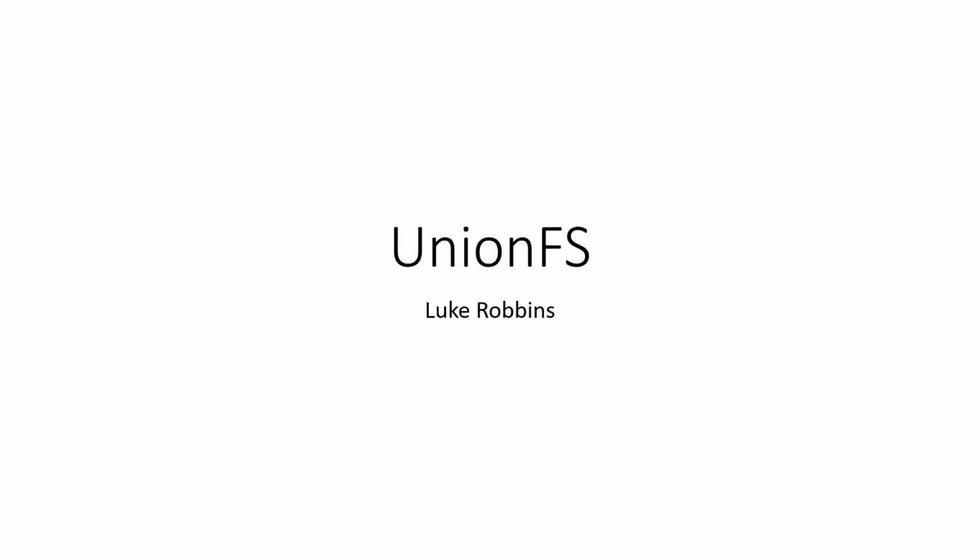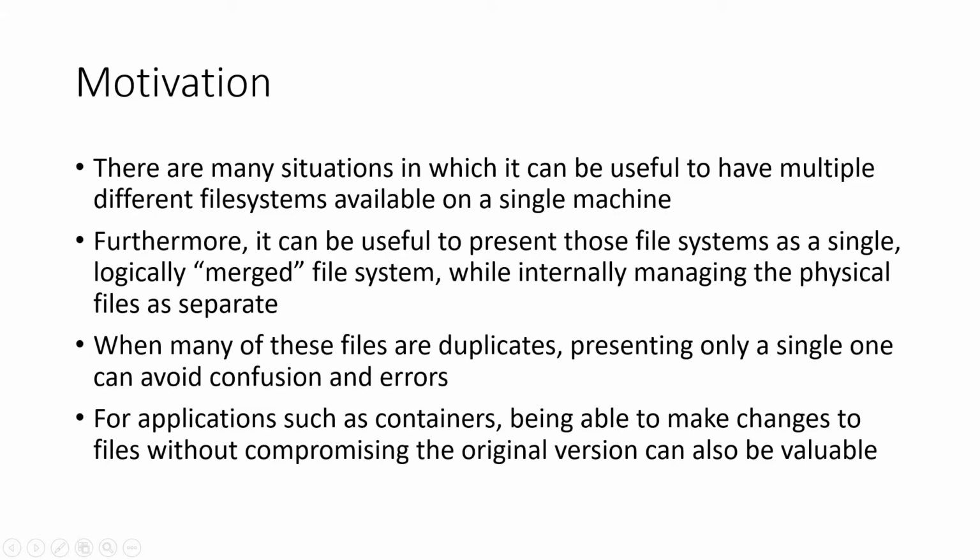I'm just going to give you an overview of UnionFS, which was my topic for a research paper to look into. So in terms of motivation, there are a lot of times when it's useful to have multiple different file systems available on a single machine. And instead of having them as separate branches, as different subdirectories, it's useful to merge them, particularly when you've got a lot of similar files or files that are related in some way.